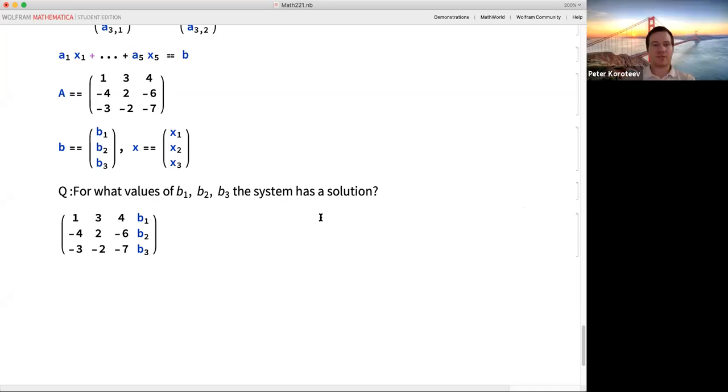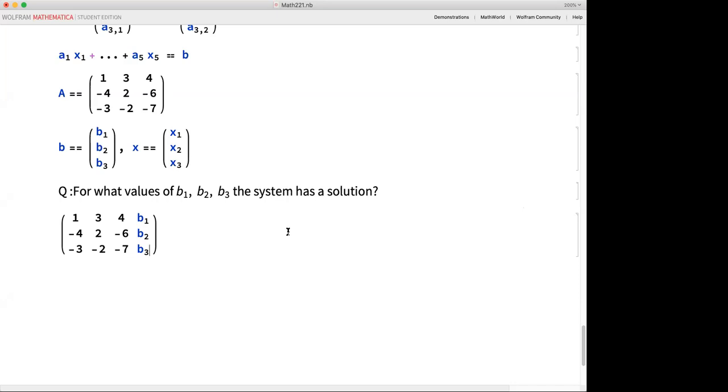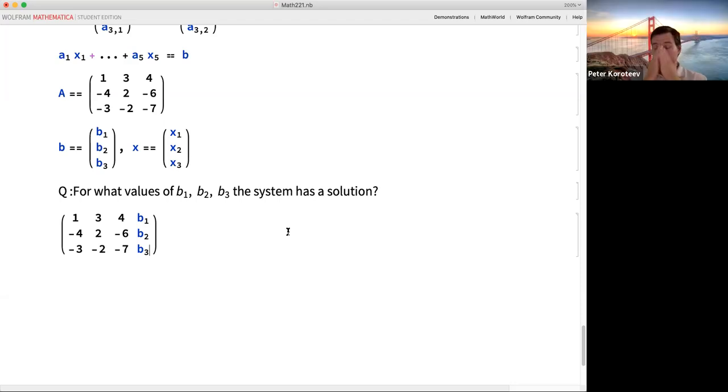So first let's reduce it to the upper echelon form, and then you should give me the condition on b1, b2, and b3 when the solution exists. And then you can either tell it to me or send it to me as a chat message.